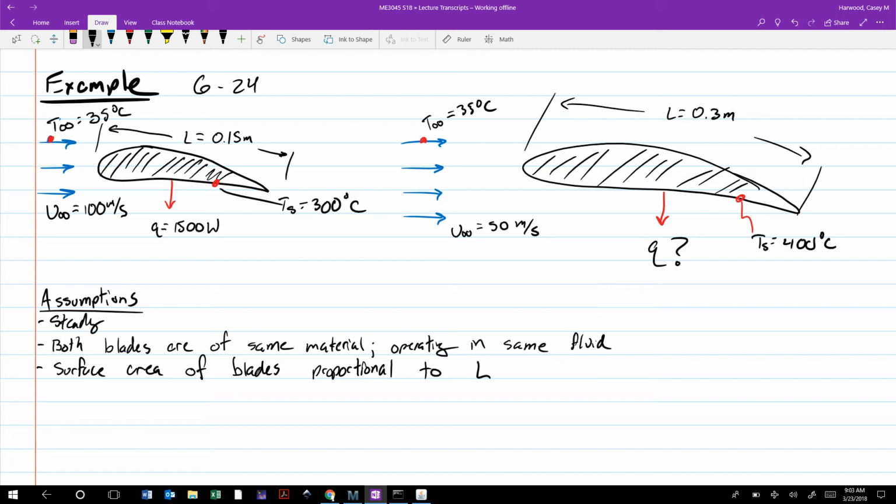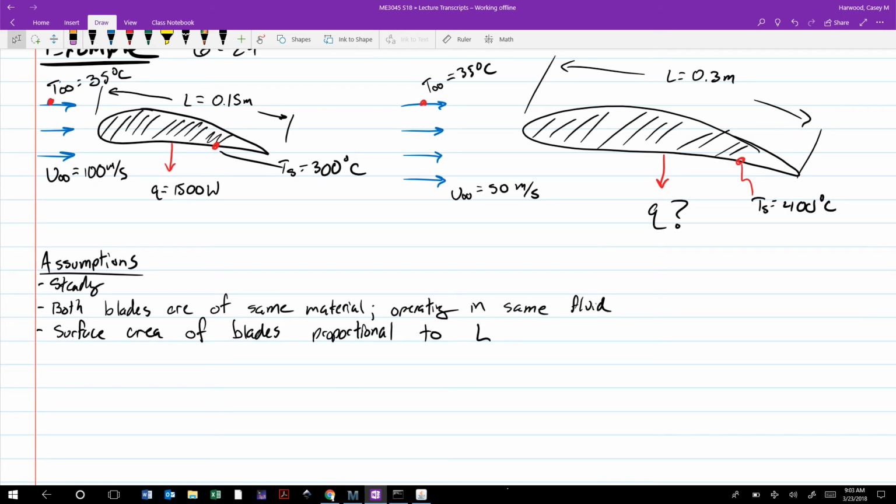That one over there is also going to be 1 meter into the page. So the surface area scales with however much we increase the length. And then finally, I already stated this one, but we're assuming that the two are geometrically similar. So they have the same shape.